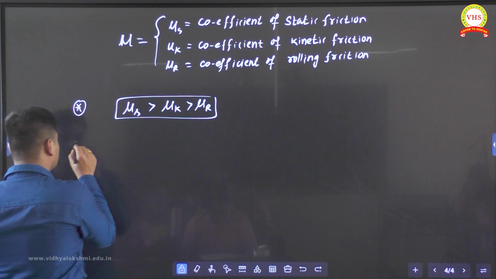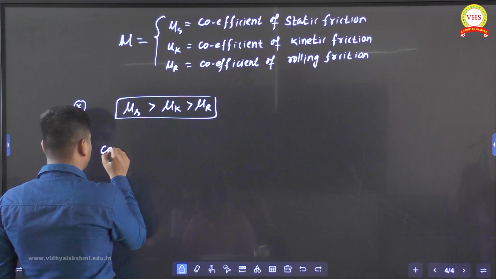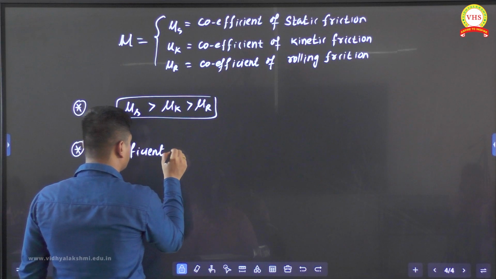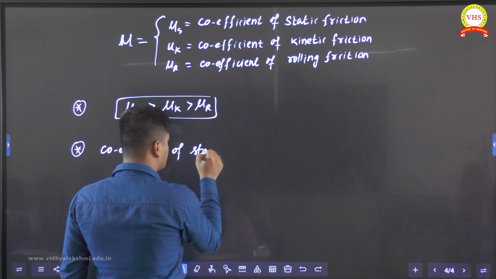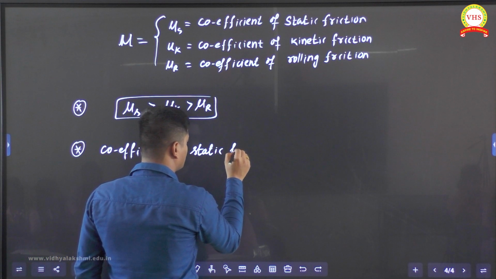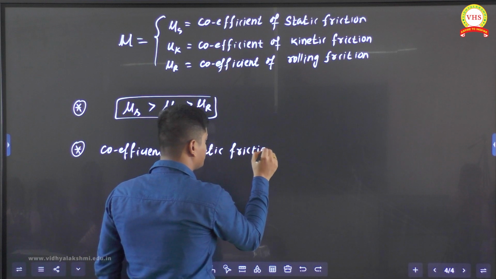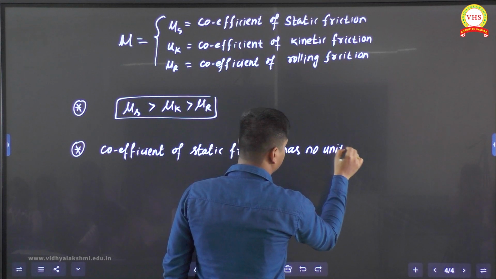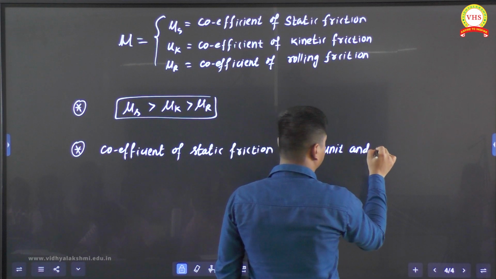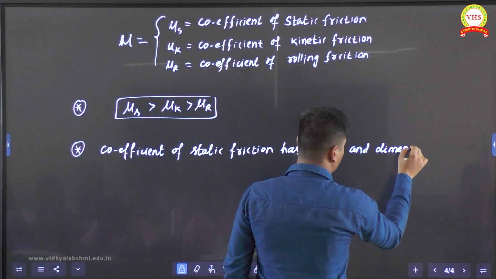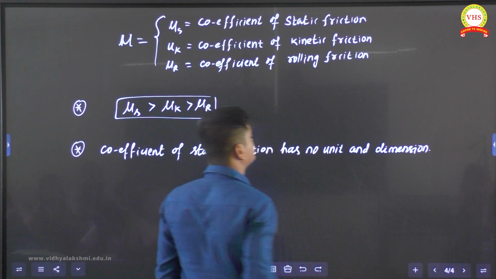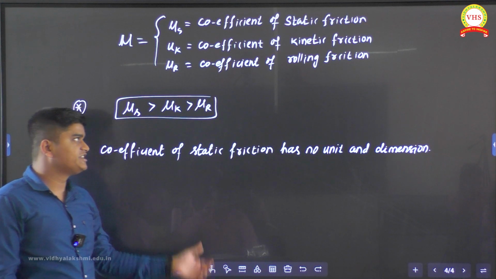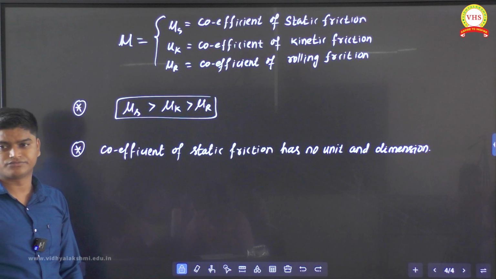And also remember, the coefficient of static friction has no unit and dimension, because it is a ratio, force by normal reaction.